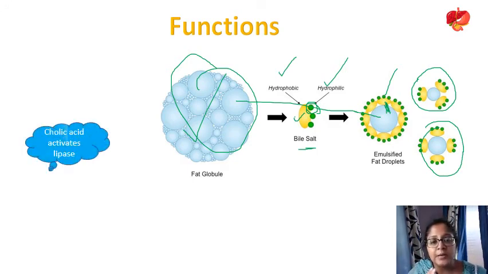The next one is cholic acid activates lipase. We know that bile salts include sodium taurocholate and sodium glycocholate. The word cholate comes from cholic acid, so these are cholic acid derivatives.